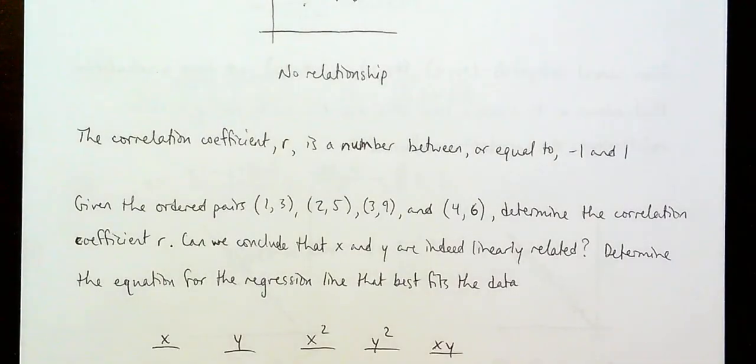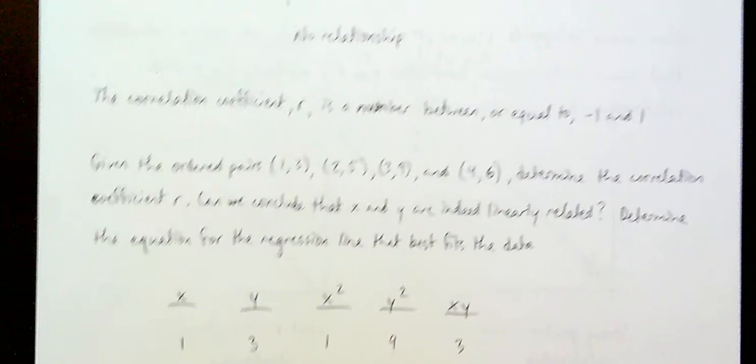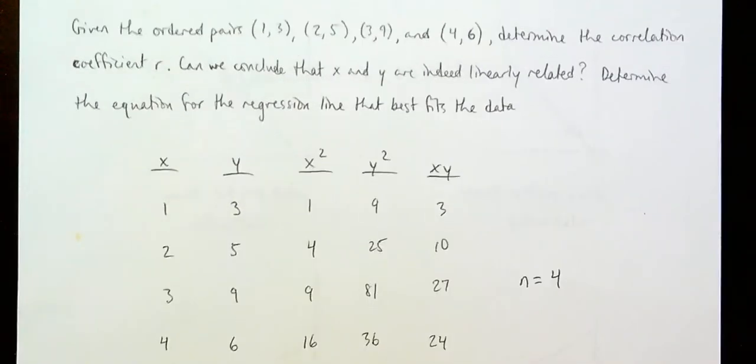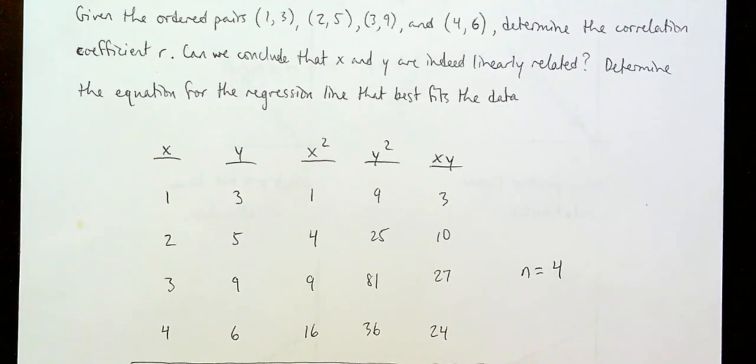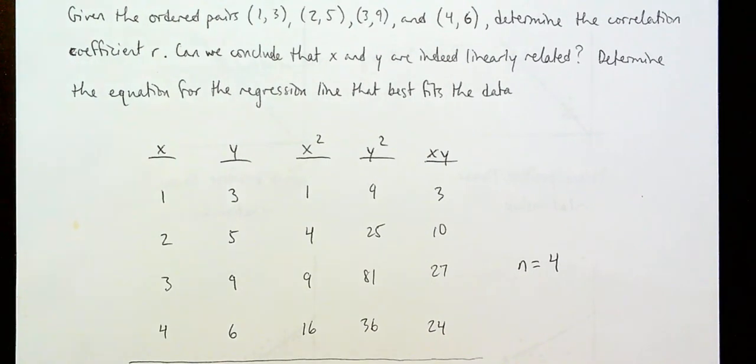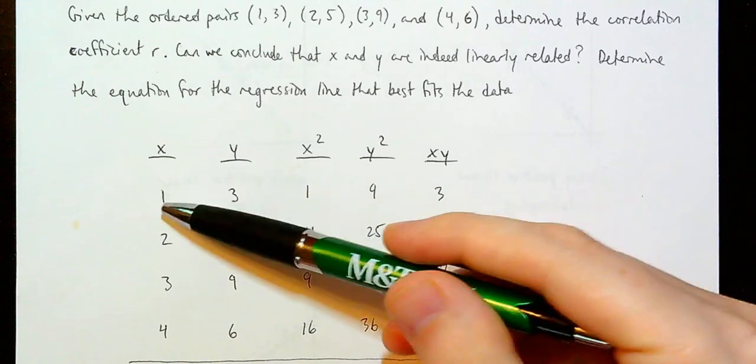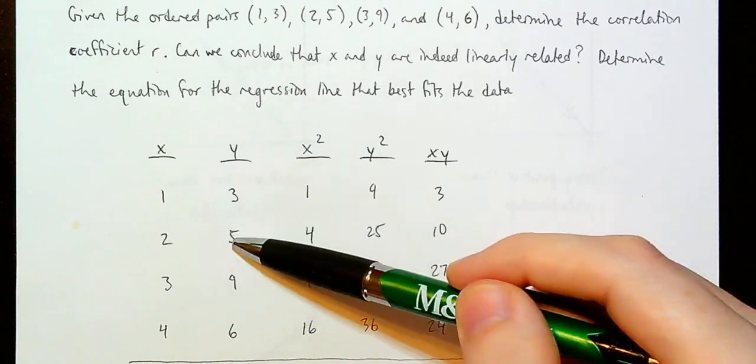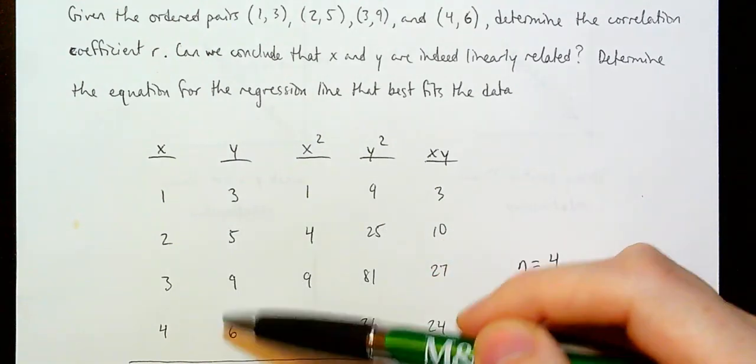So what I suggest you do is create a table like such. Take every ordered pair, label the x and y coordinate, as I did here: 1, 3, 2, 5, 3, 9, and 4, 6.